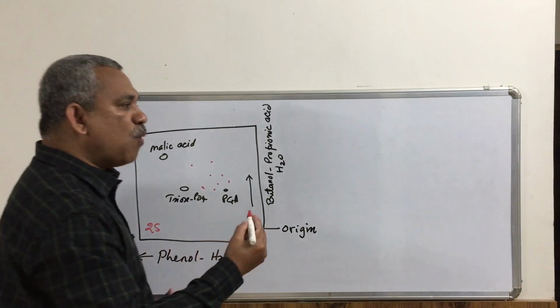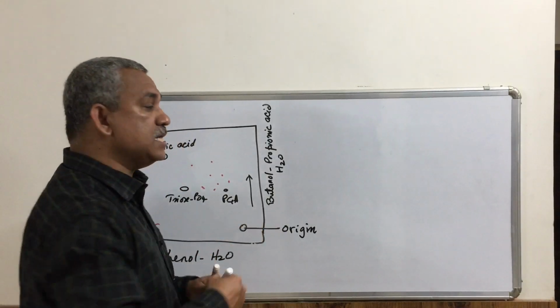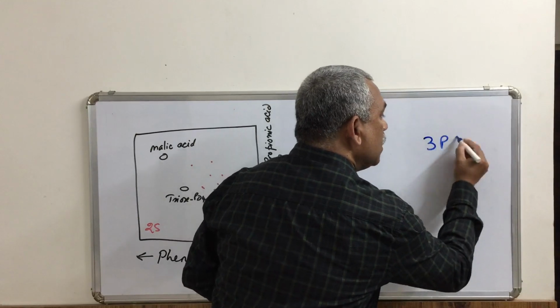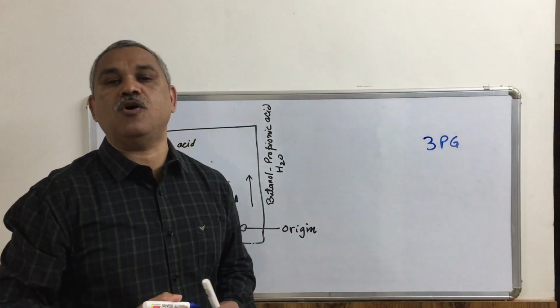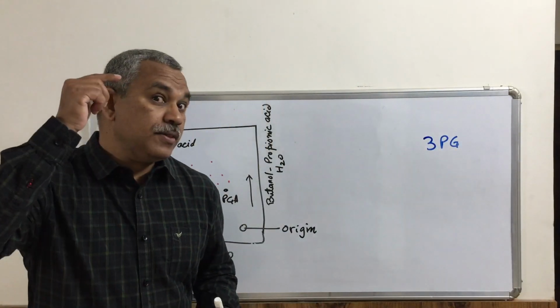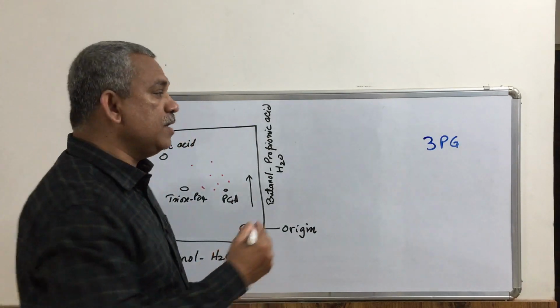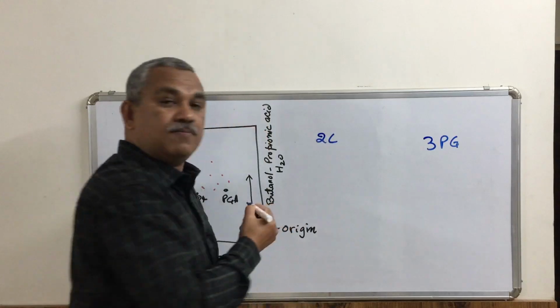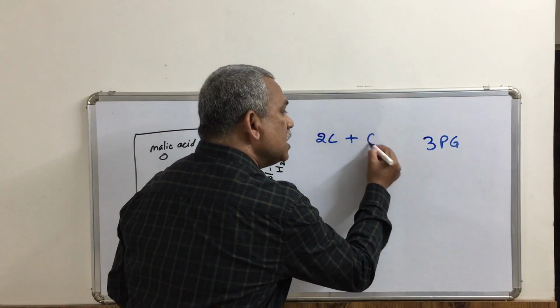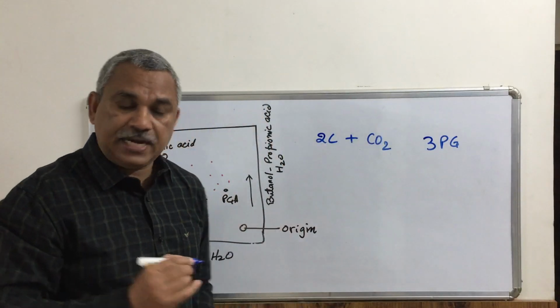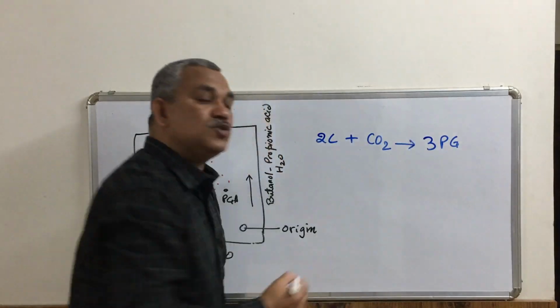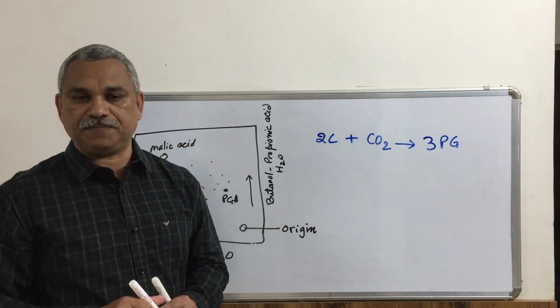They realized that one of the compounds formed is 3-phosphoglycerate, a 3-carbon compound. So the assumption was that to get a 3-carbon compound, there must be a 2-carbon compound to which a CO2 molecule is added.